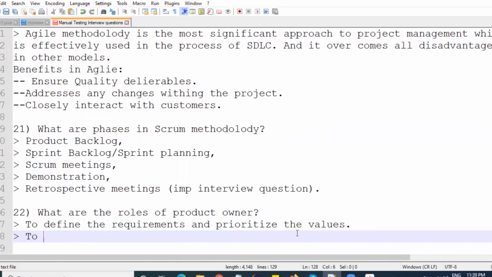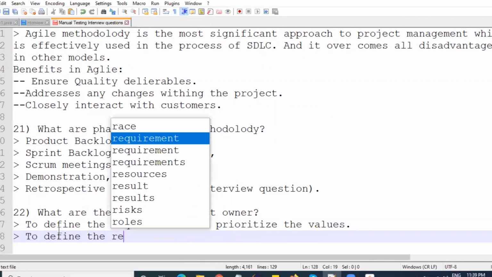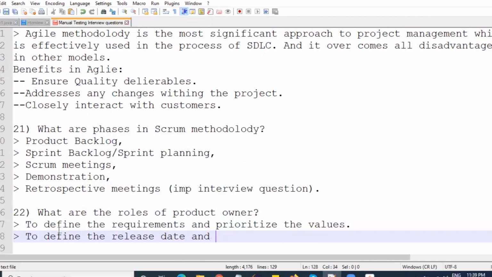Then define the release dates and the contents of the user stories.